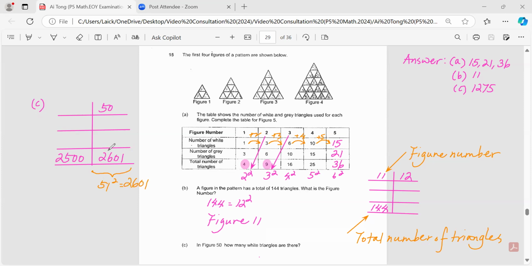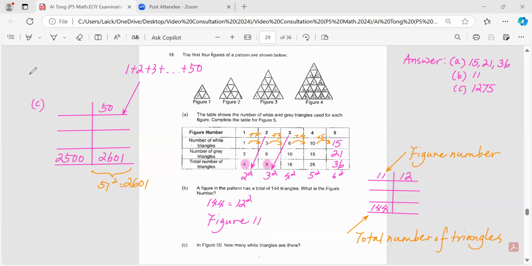Now we notice that for the number of white triangles, it follows a certain pattern. The pattern of 1 plus 2 plus 3 plus all the way to the figure number, which is 50.